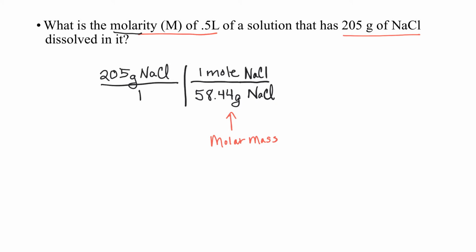So at this point, we can go ahead and multiply through, divide. So we have 205 grams of NaCl. And remember, grams cancel.